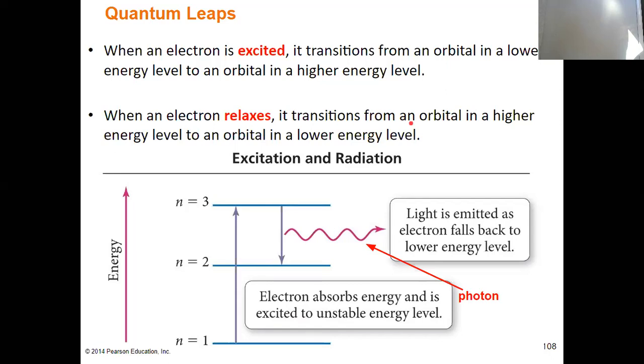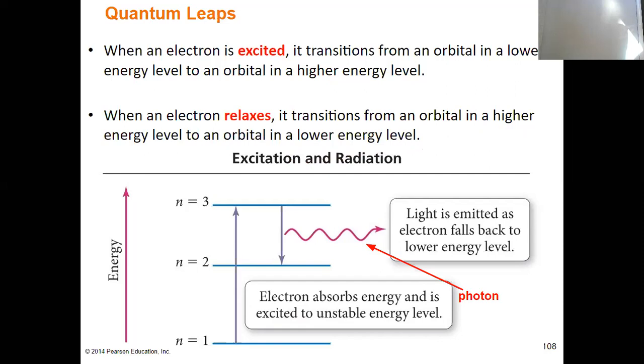We call an electron an excited electron if it is transitioning from a low energy level to a high energy level. The opposite of that is relaxation. An electron relaxes if it goes from a higher level to a lower level. This totally makes sense. Again, the electrons act like people.